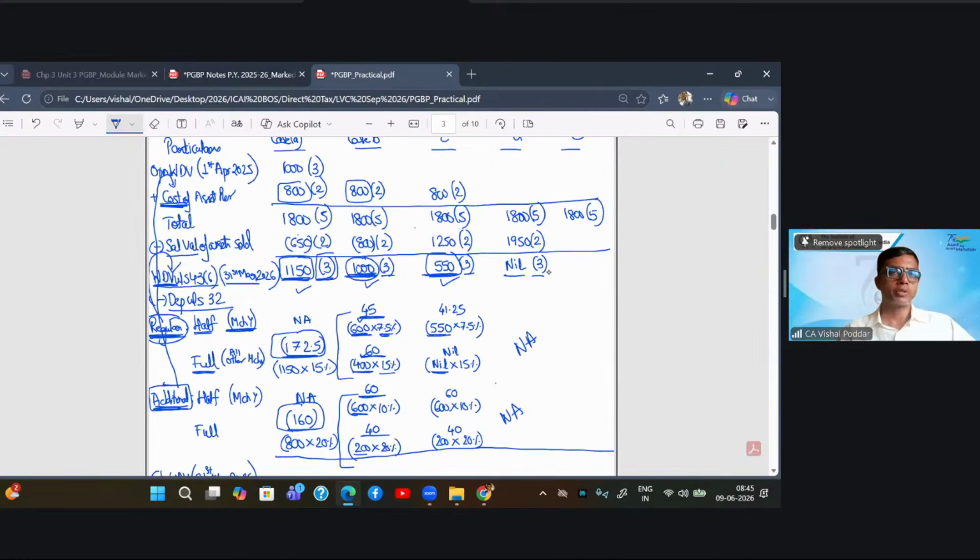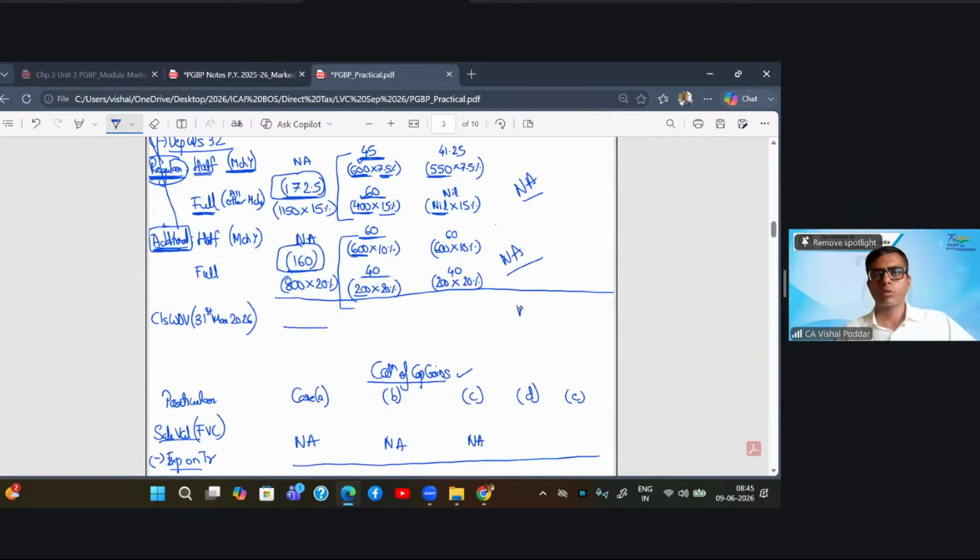WDV, asset, there are two things. Until you have both the things, you calculate depreciation as we saw. But the moment any one of these is zero, there can be no depreciation, right? And by default, the closing also will be nil, because if there is no WDV, the closing balance of this block has become nil.